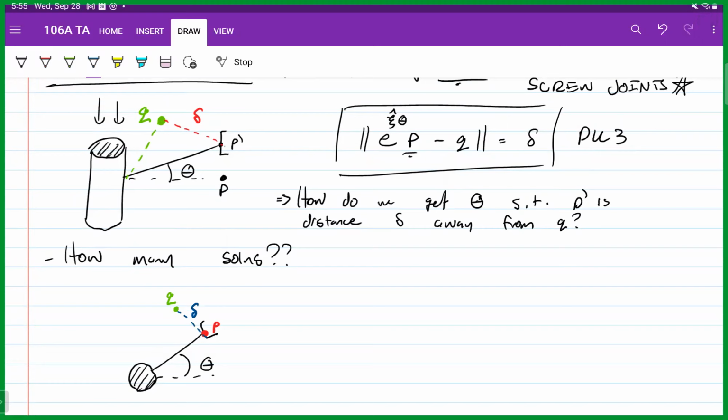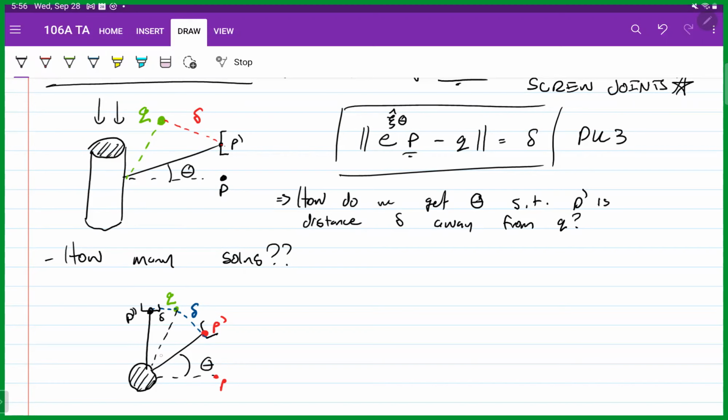Now, what's going to happen if I do something like this? What if I bring this over here? Sorry, is that P or P prime? That's a P prime, yeah, thank you. So this would be our original point P. And then let's say we have some other point over here, P double prime, going down the middle.